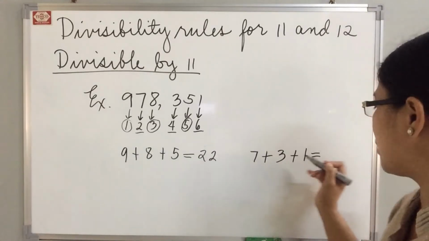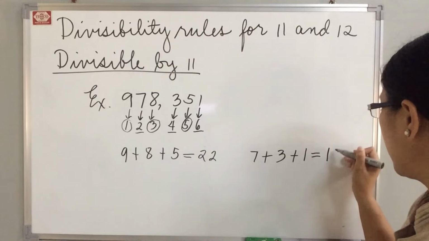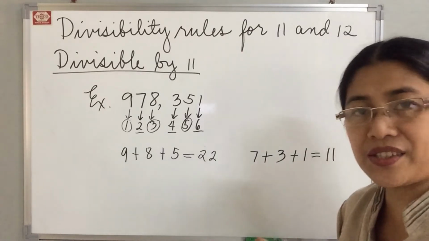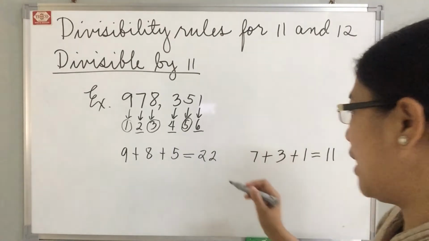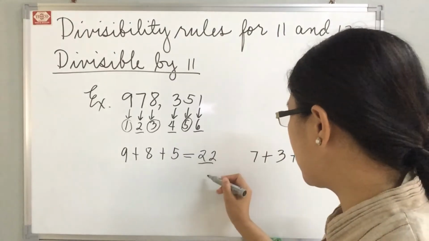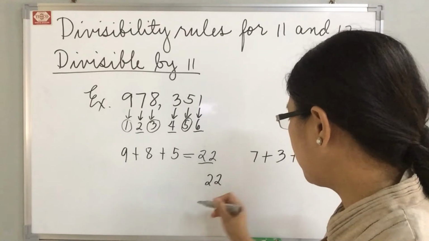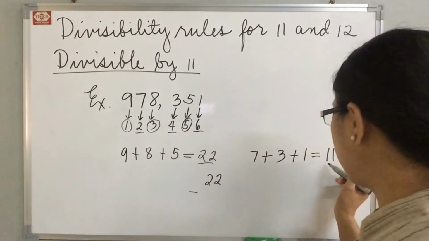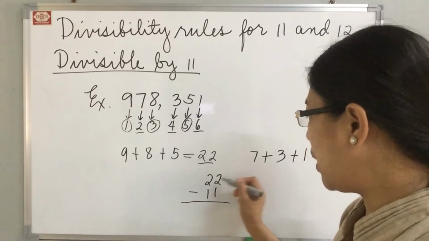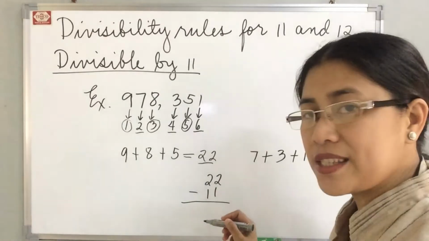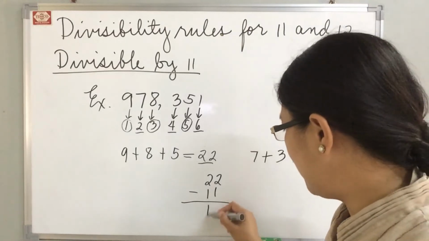And 10 plus 1 is equal to 11. Now, the next step is, let's get the difference. The first sum is 22 minus the second sum, which is 11. So, 22 minus 11 is 11.